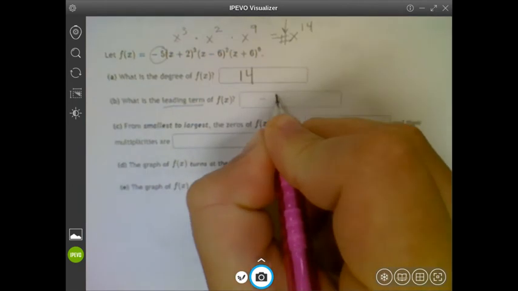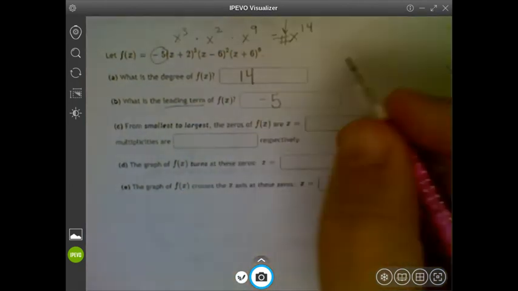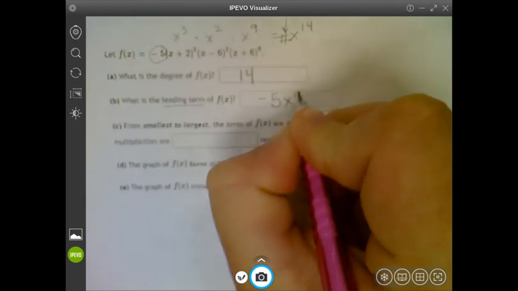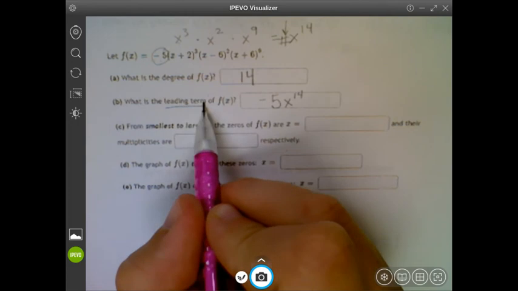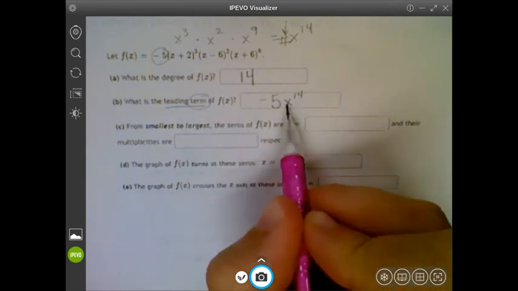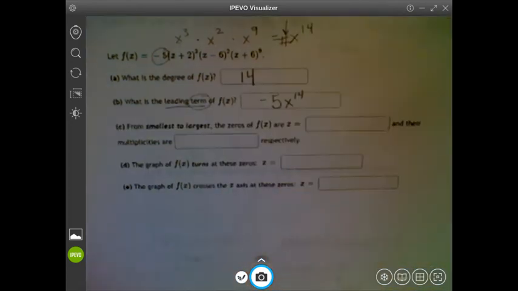So your leading term is negative 5x to the 14th. Notice it doesn't say leading coefficient, it says leading term. And so because it says term, you include the x to the 14th as well. If it just said leading coefficient, we just put negative 5, but since it says leading term, just be careful with that.